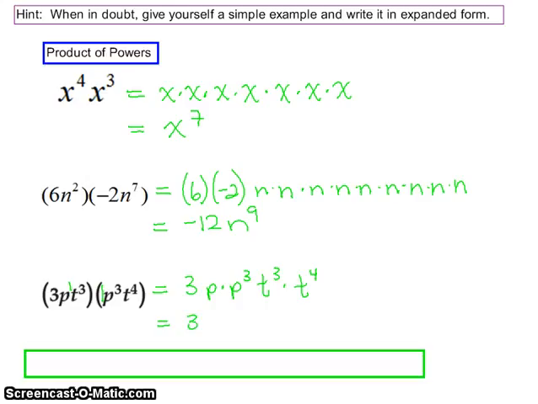So this is going to be 3 p to the, remember this is p to the first, so p to the fourth times t to the 7th.